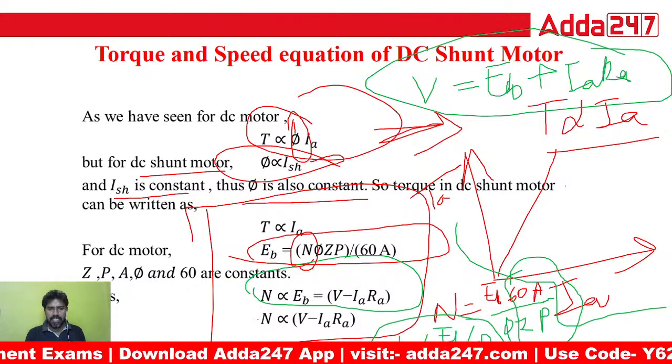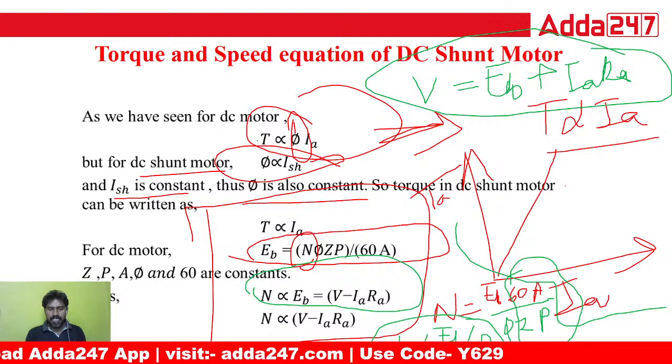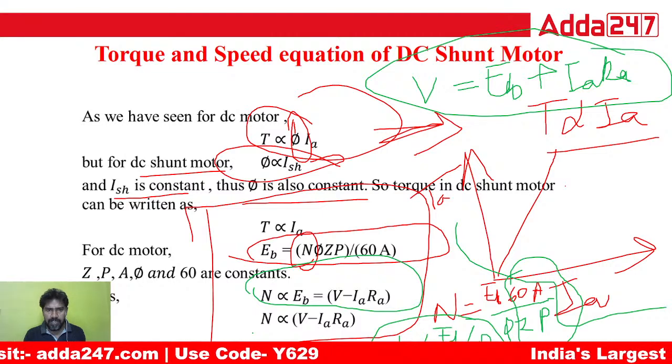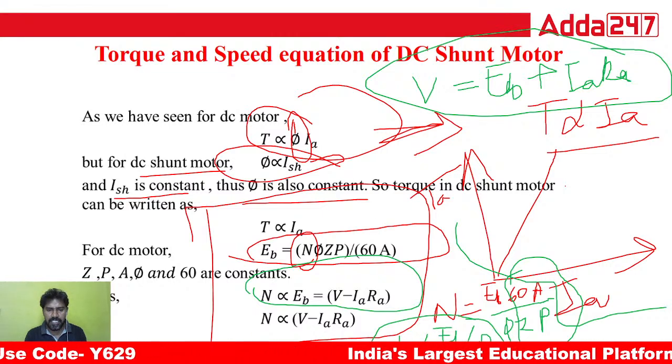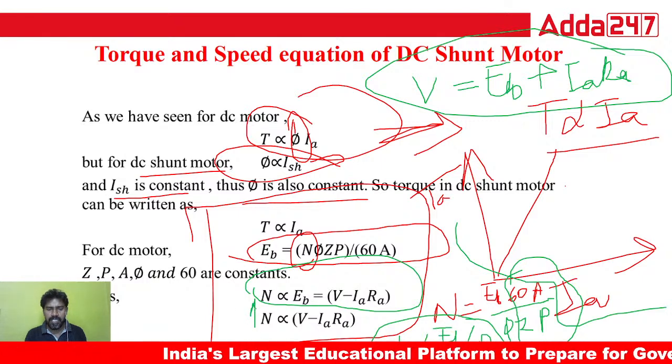When speed decreases, what will happen? The torque will decrease. Because current is decreasing, the speed will increase.